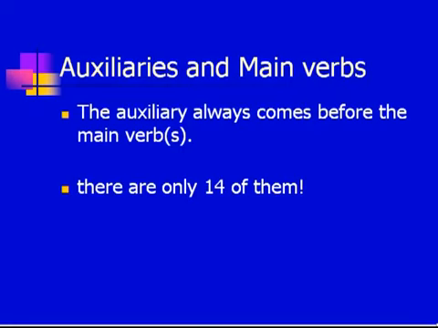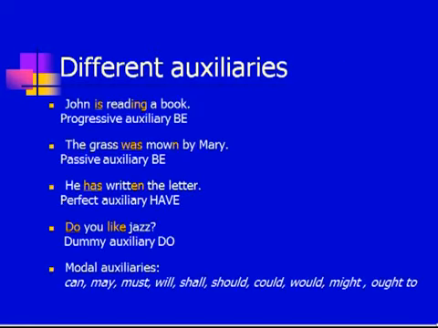When you have auxiliaries and main verbs, the auxiliary always comes before the main verb or verbs, so always to the left. And the good news is that there are only 14 of them, and here they are. Here you've got 4 verbs that are called the primary auxiliaries.